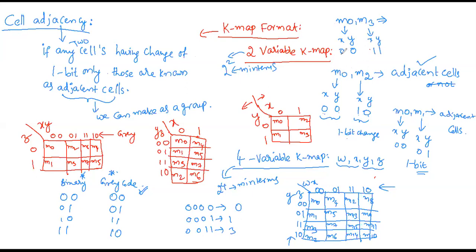Now identify the bit change. X is 0 here, x is 1. So 1 bit change. Y is 0, y is 1. Another bit change. So 2 bit change. If there is only 1 bit change, those are called adjacent cells. These two are not adjacent cells.